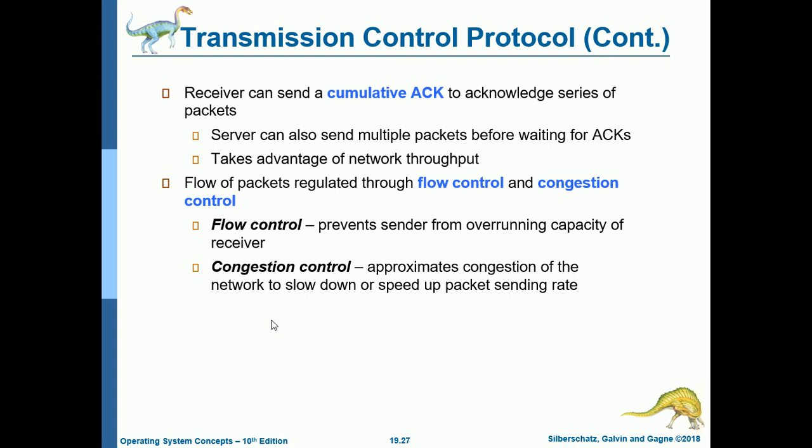For example, in our real world situation, if there's a traffic jam, of course, to avoid congestion you have to slow down sending the data. But if there's no traffic jam, then you can send it faster.